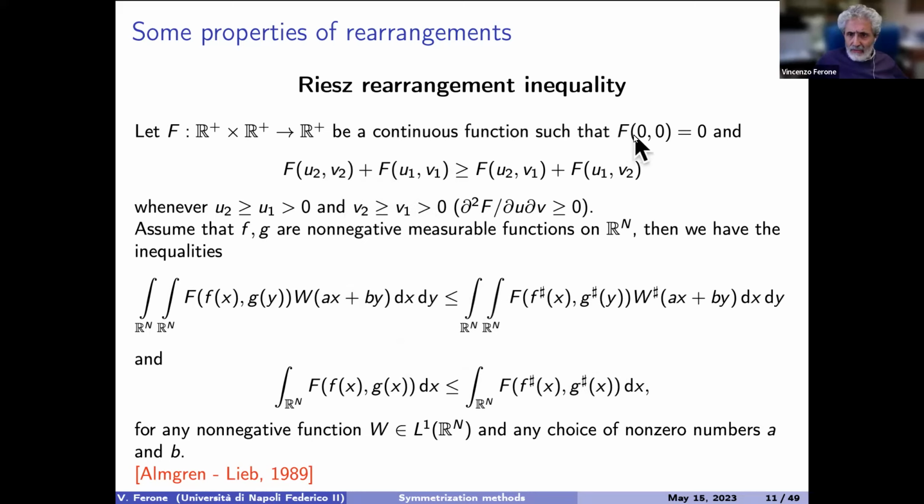Take a function f which is 0 in 0, and which satisfies this inequality. This inequality actually means that the second derivative of f with respect to u and v is greater or equal than 0 if f is regular. But if f is not regular, if you cannot take the second derivative, you can use directly this one.